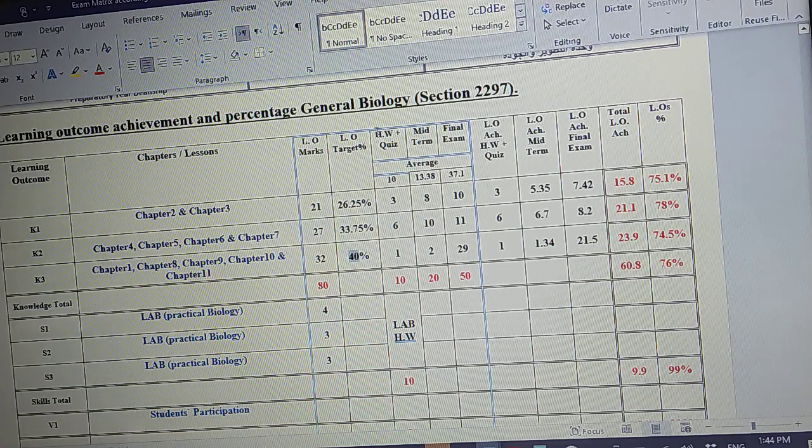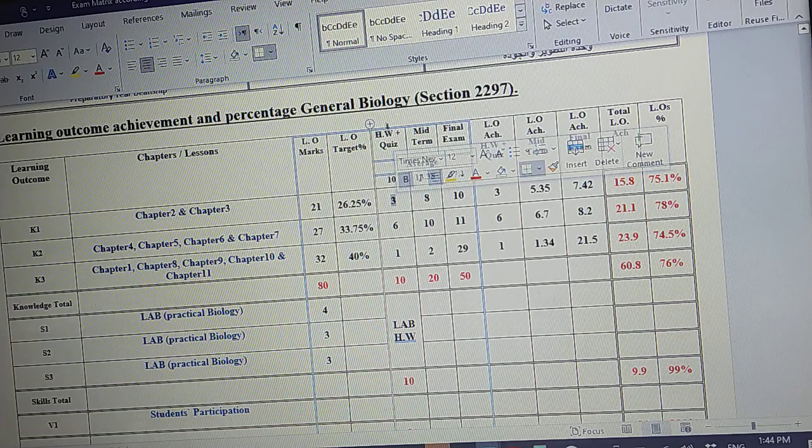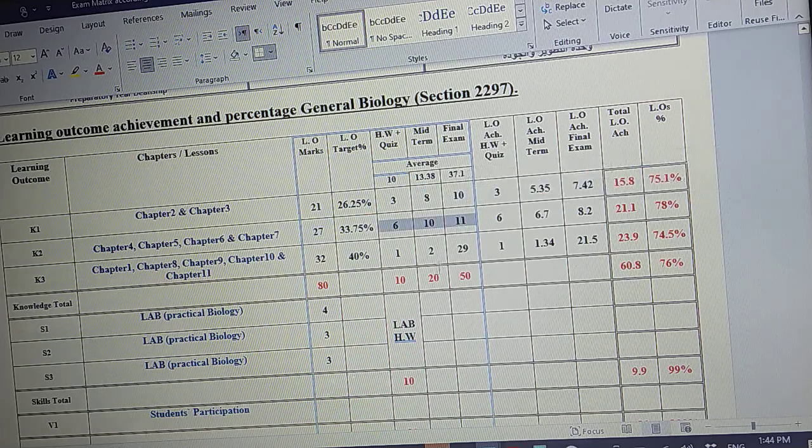Here I have the homework and the quiz, the mark of K1 in the homework and the quiz, the mark of K1 for midterm 8 marks, for final exam 10 marks, and also the distribution of K2 marks on the different assessment methods.